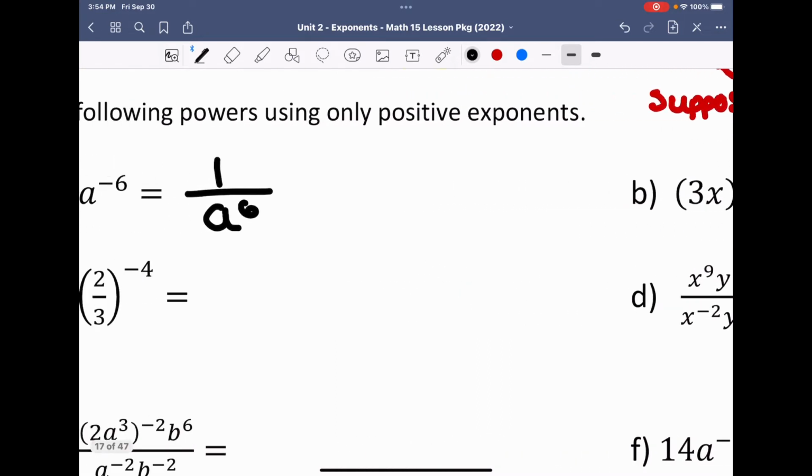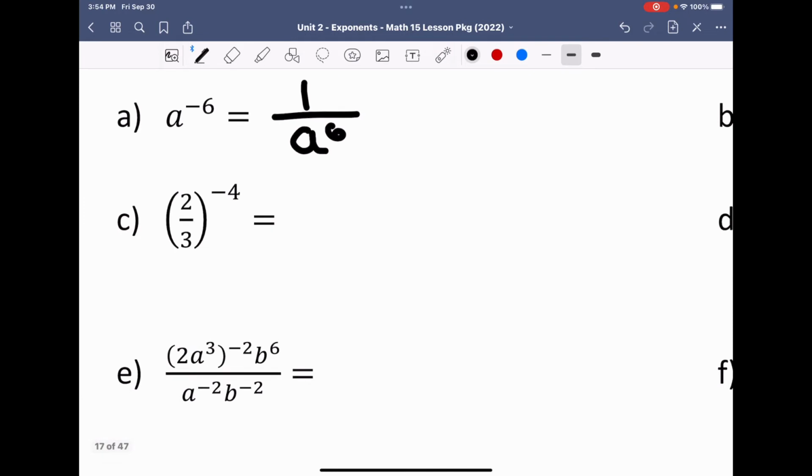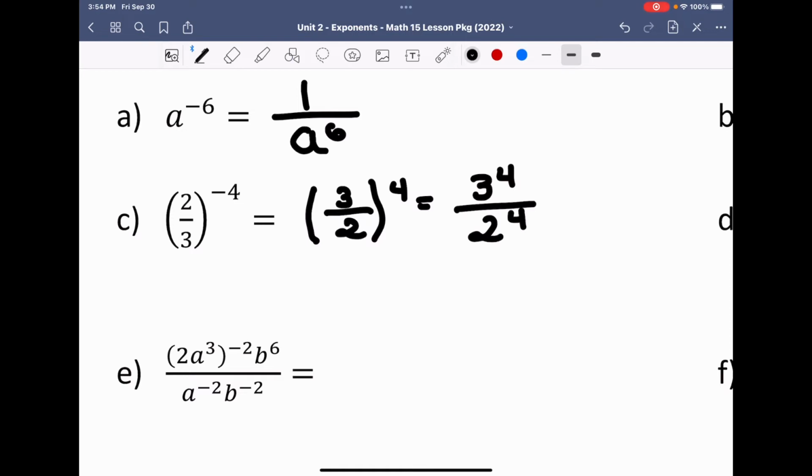All right, I go back to part C here. A negative means that this can be distributed and that I know that any value that's connected to this exponent will flip and be the reciprocal. So I'm going to show it two ways here. I could immediately just flip this and say I have 3 over 2 to the positive 4. And then I can distribute my 4 and say I have 3 to the power of 4 over 2 to the power of 4.